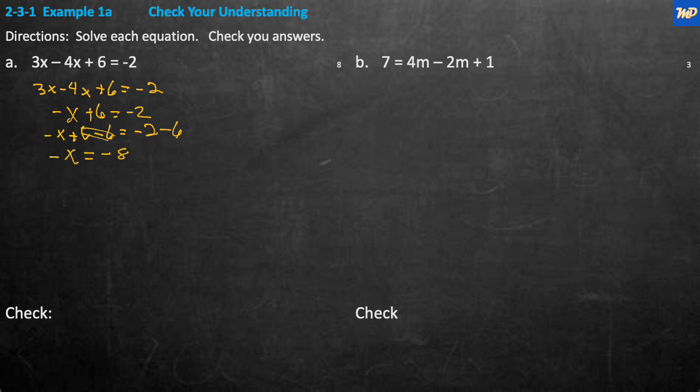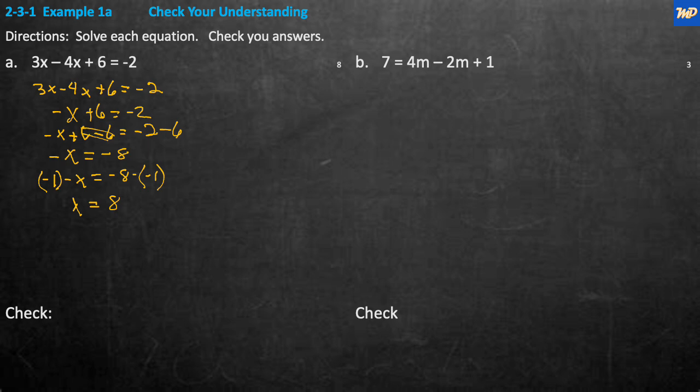So I'm going to say negative 1 times negative x is equal to negative 8 times negative 1. And the negative signs all cancel, and we're going to have x is equal to 8, because the negatives all cancel, and you get a positive x and it equals a positive 8.